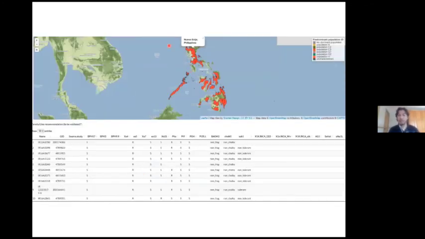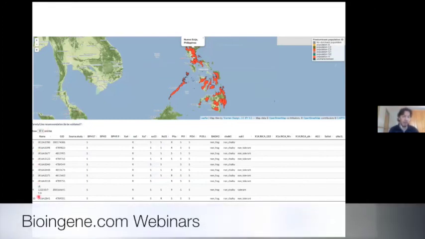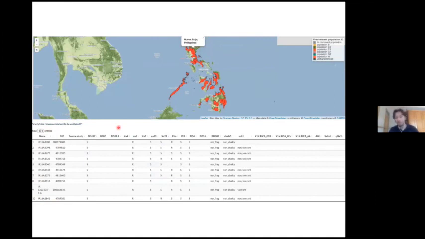You can see here, for instance, in the Philippines, if we click on one of the provinces, we have the profile of this province, but also the rice accessions that can be used in the breeding process or directly in the field to be planted in regions with other characteristics as well.